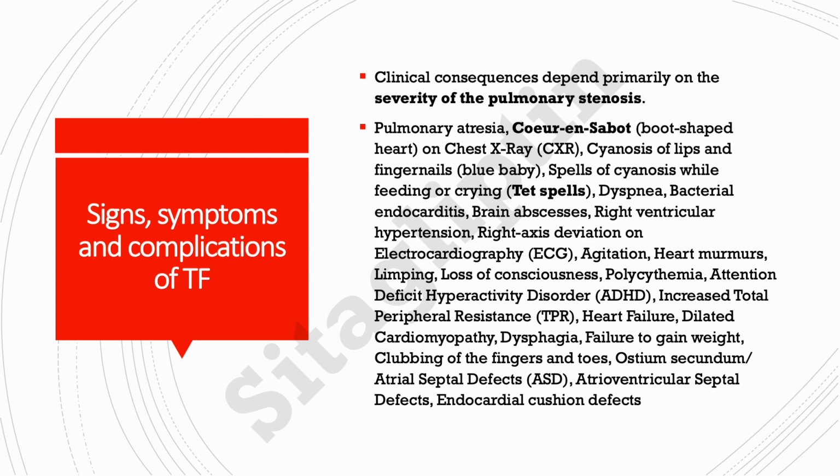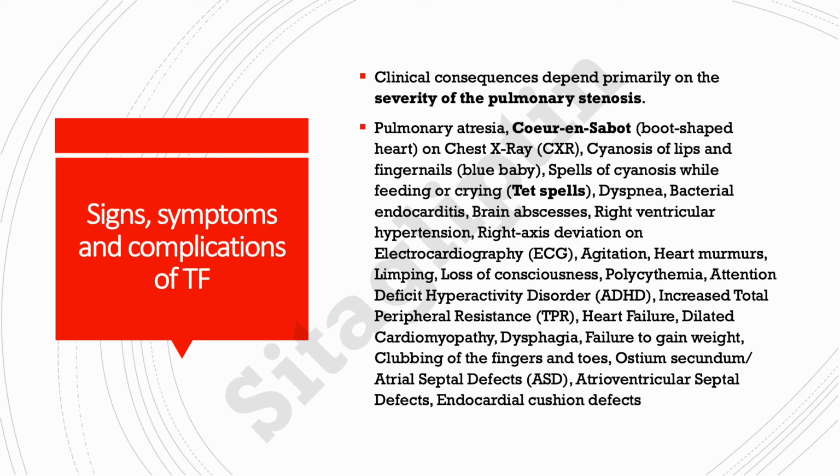Now, if there is pulmonary atresia, or the disease is progressing towards pulmonary atresia, we would have complete blockage of your pulmonary trunk, and this would lead to heart failure because of very high total peripheral resistance and hypertension in your right ventricle. So we would have a right side heart failure. We would have dilated cardiomyopathy.